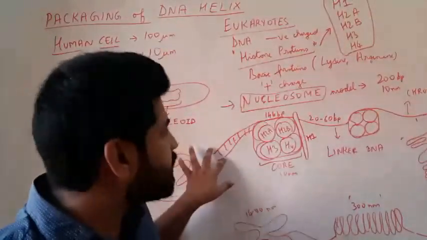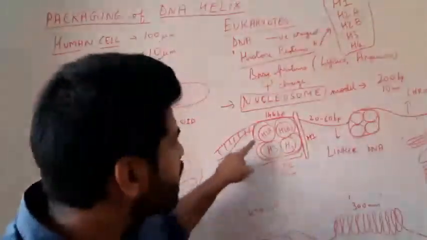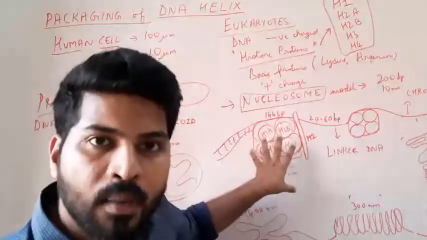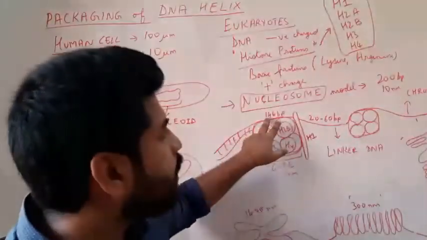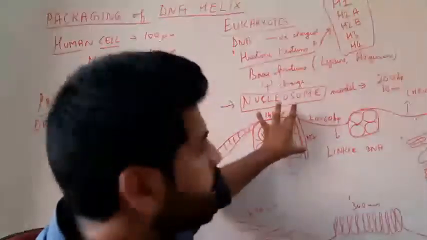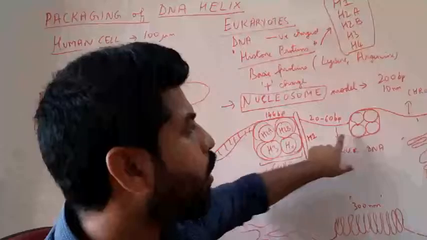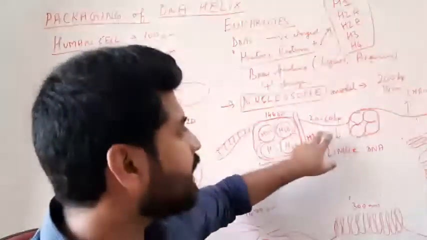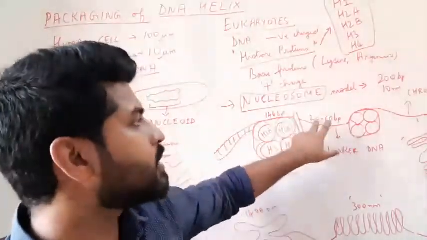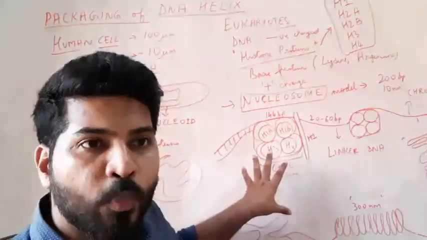So the negatively charged double helix DNA is wrapped around a histone core octamer whose length is around 146 base pairs. This length is controlled by the H1 protein. In between two beads or two nucleosomes, there is a linker DNA whose length is 20 to 60 base pairs. Each nucleosome has a diameter of roughly 10 or 11 nanometer.